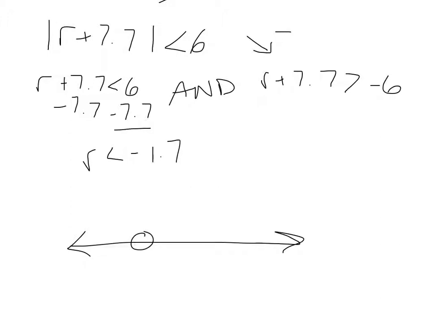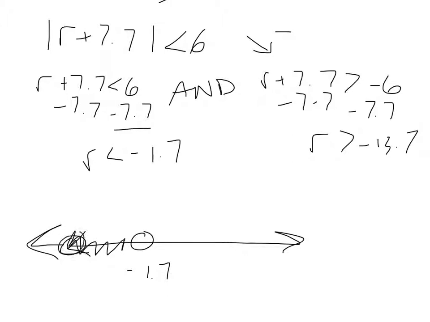Negative 1.7, less than that, we're down here. Okay, here when we subtract 7.7, we have r is greater than negative 13.7. So let's say that right here, this is negative 13.7. We're greater than that. So where does it overlap?